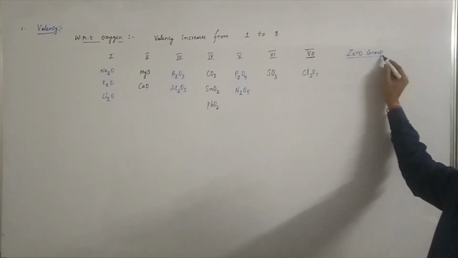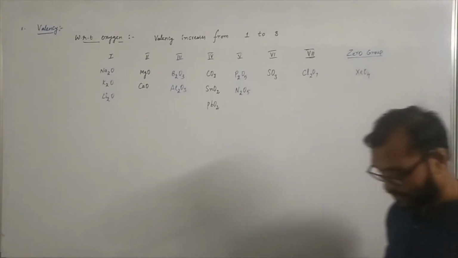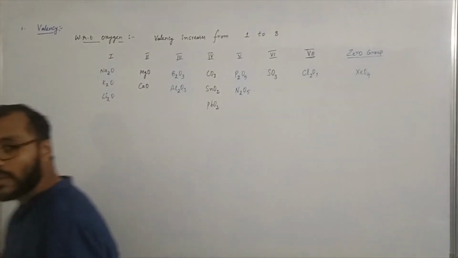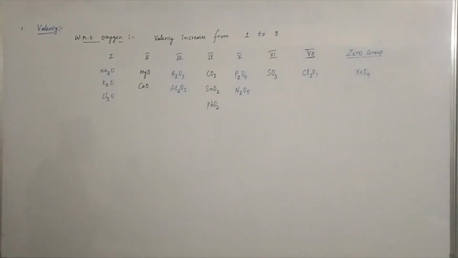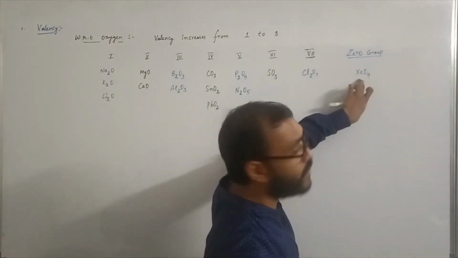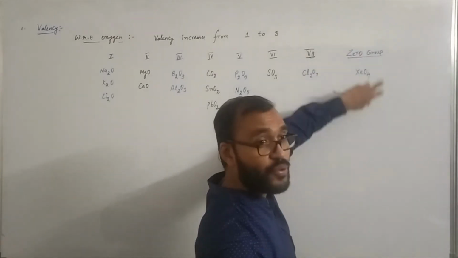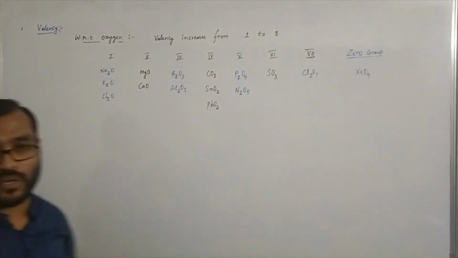In case of 0 group elements, XeO4. So then what we got? 8. So valency changing from 1 to 7. For 0 group elements, they show a valence of 8, but only few elements, particularly xenon in our case.